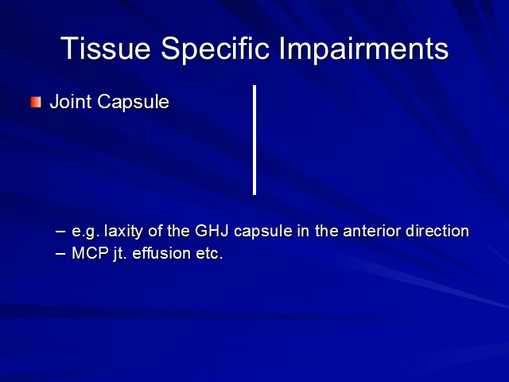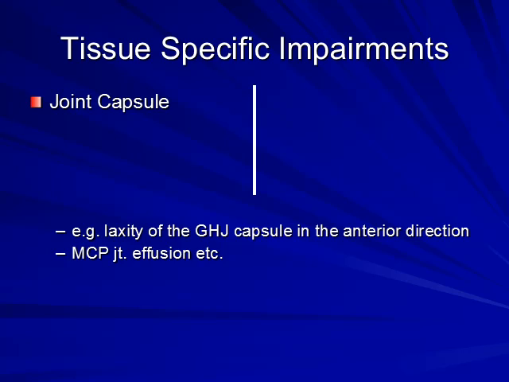Could be a laxity, where the capsule is loose and excessively loose, and we can have those in one direction, in multiple directions, or in all directions. Or it could be effusion. Remember that swelling is either effusion or edema depending on its location. So if the swelling is within the capsule, then it's effusion.